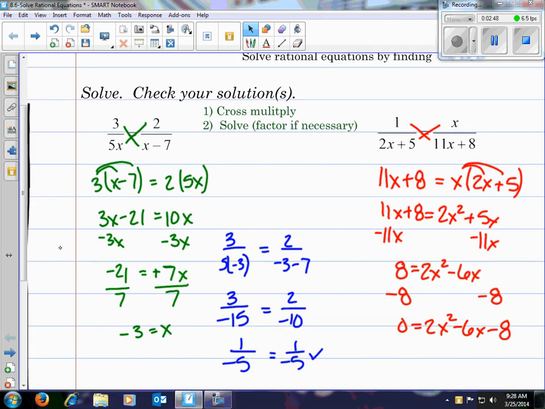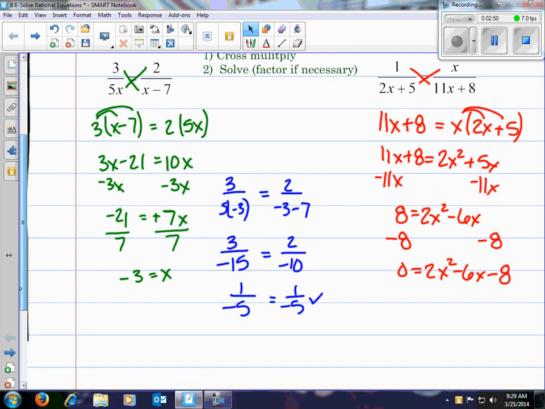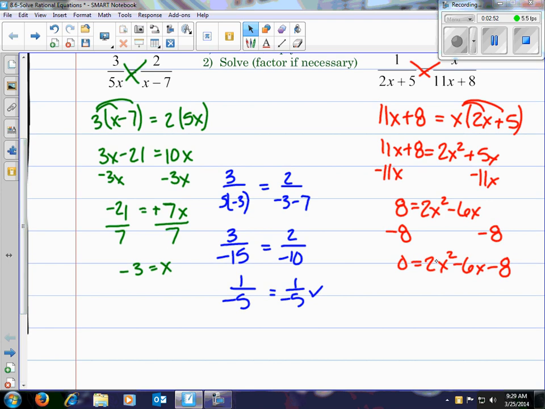Okay, now I can factor this. And I can do factoring one of two ways. I can pull out my 2 first. So I can say 0 is equal to 2 times x squared minus 3x minus 4. And then factor this. Or I could have just left it like this and done the AC method.